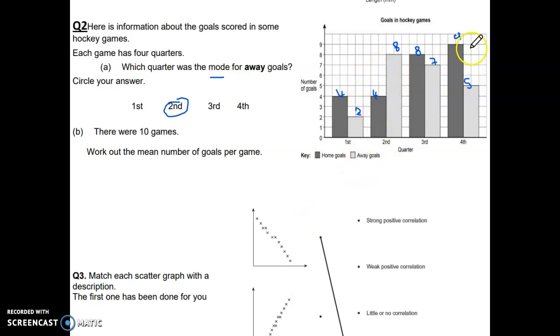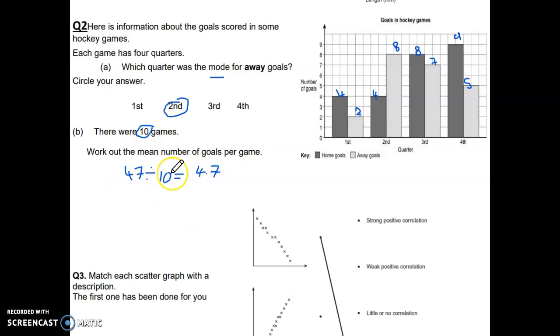Yeah, so what we've got as a total when we add all these up together is 47. And it tells us there were 10 games. So 47 divided by 10 gets us 4.7. So there's a mean average of 4.7 goals.